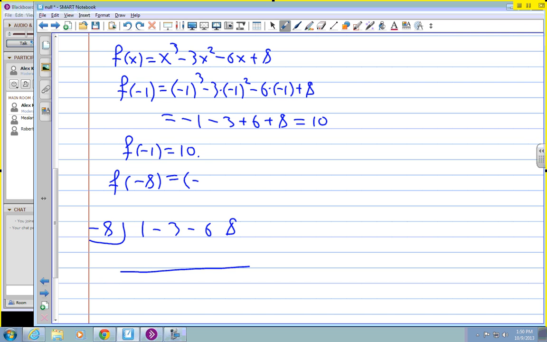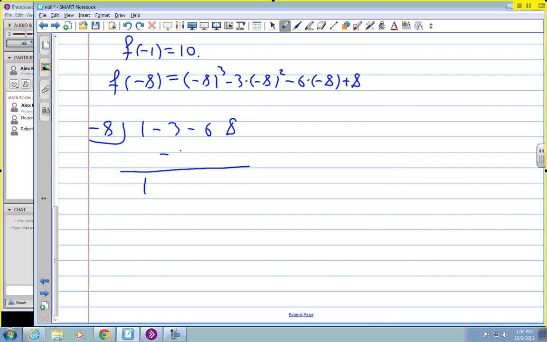Go ahead and go negative 8 cubed minus 3 times negative 8 squared minus 6 times negative 8 plus 8. And I'll do this here. 1, negative 8 looks like a negative 11, positive 88, positive 82, right? Yeah, I know I'm going to win.